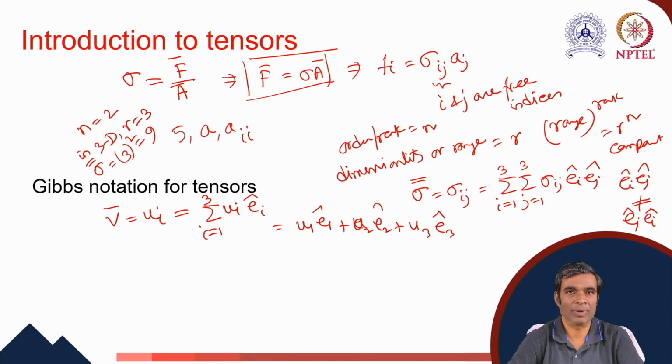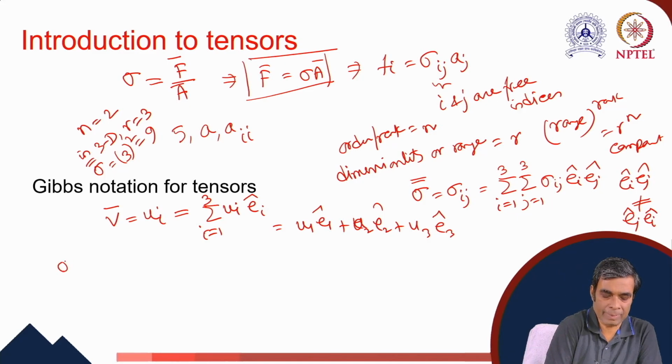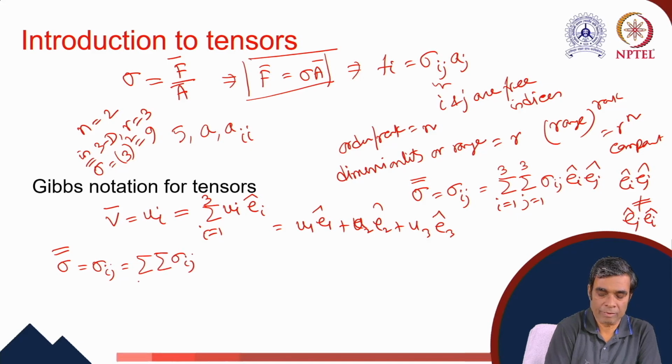Similarly, this is the case for the first order tensor V bar. If we go for the second order tensor, for example the stress tensor, then we can write it as sigma bar equals sigma ij equals double summation of sigma ij followed by the unit dyad ei cap ej cap, where i equals 1 to 3 and j equals 1 to 3.